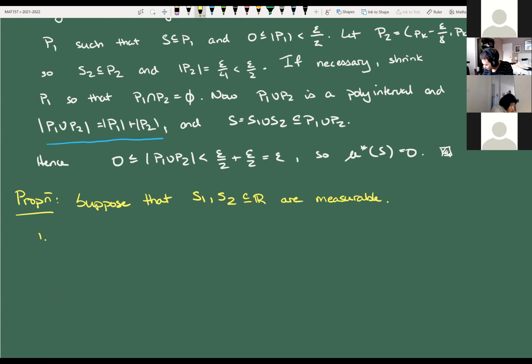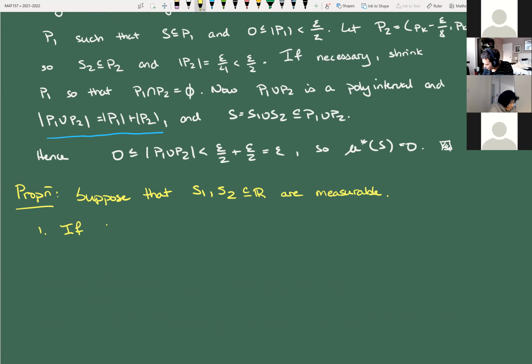So 1, if S1 is a subset of S2, then the measure of S1 is less than or equal to the measure of S2. That seems like a pretty easy consequence of the thing that we proved on Tuesday, right? This one is easy. You should try it yourself, but it's pretty straightforward.